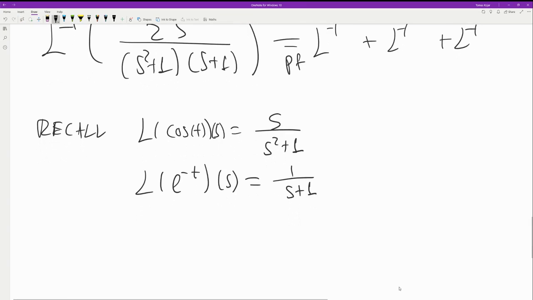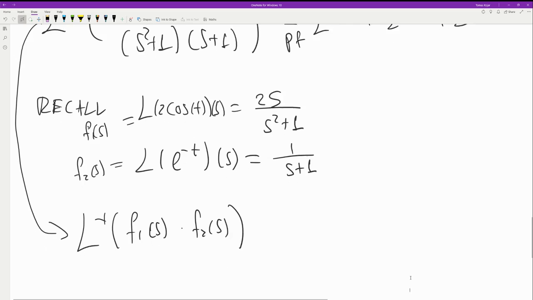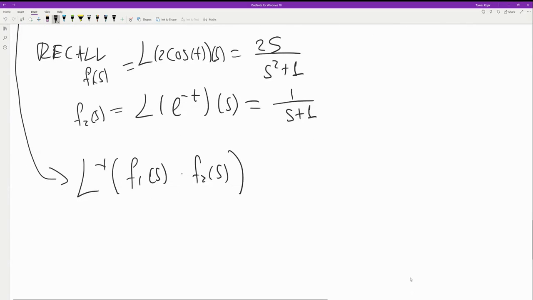So this is nothing else but, let me call these F1(s) and F2(s), let me put a 2 as well here. So we have F1(s) times F2(s). Okay, so we have a product of Laplace transforms. So that turns it into convolution.